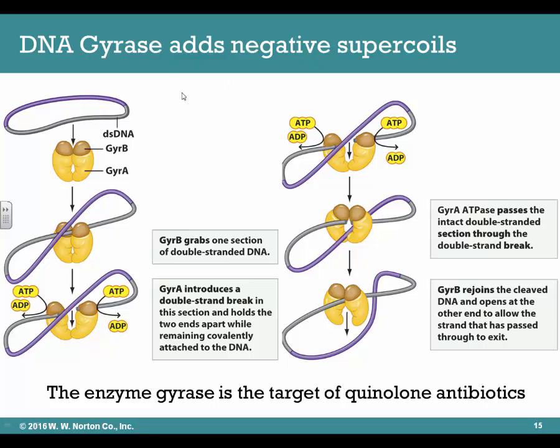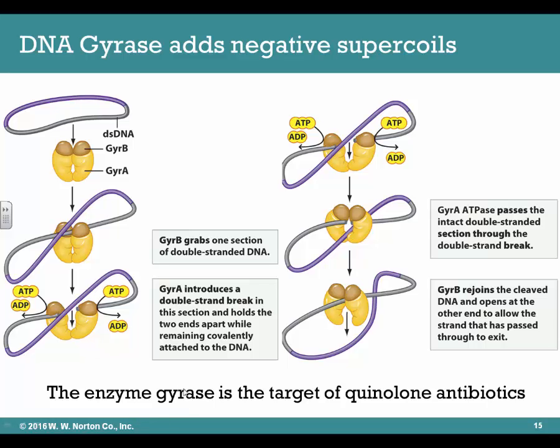And those negative supercoils, or that kind of unwinding, is accomplished by a different set of enzymes, gyrases, and there are 2 major gyrases, A and B, in bacteria. They cleave both strands of the DNA, which requires energy in the form of ATP, and then they catalyze the unwinding, and then religate the 2 strands.